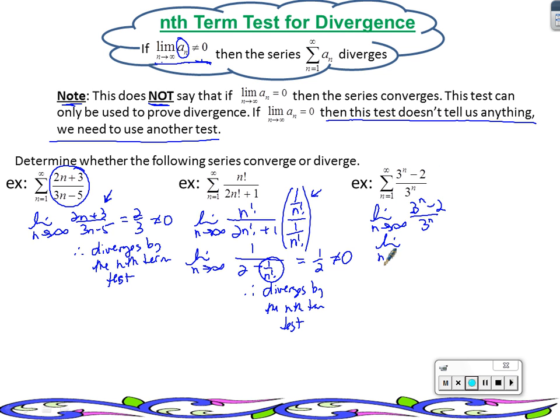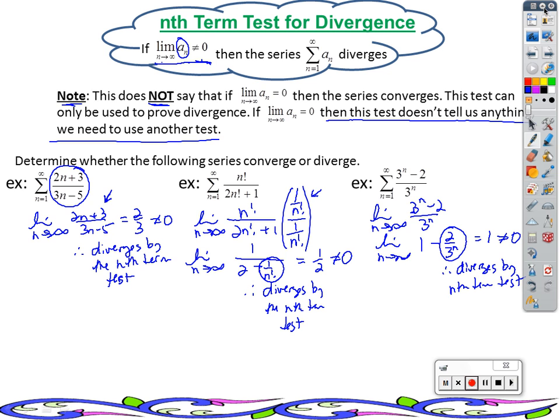So the limit as n goes to infinity, this would be 1 minus 2 over 3 to the n. This piece tends to 0, and so I'm left with 1, which is not 0. Therefore, it diverges by the nth term test. All right. And that is our lesson.